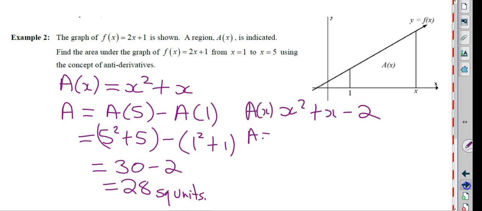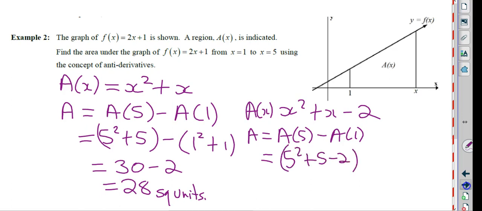How would that affect it? So if you look at A of 5 minus A of 1, you'll get 5 squared plus 5 minus 2, minus 1 squared plus 1 minus 2. So minus 2 minus minus 2. You're going to subtract it off. So if that's a minus 2, it's still going to work.